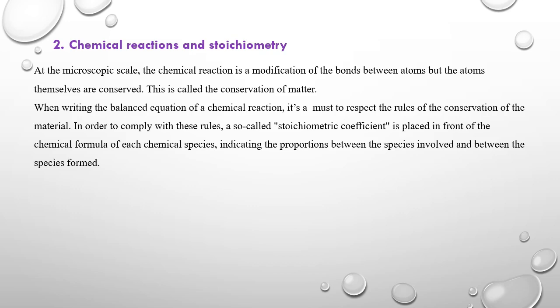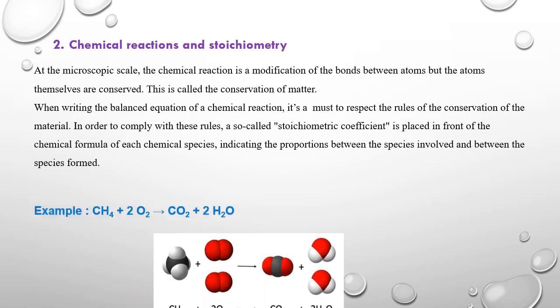In order to comply with these rules, a so-called stoichiometric coefficient is placed in front of the chemical formula of each chemical species, indicating the proportions between the species involved and between the species formed.